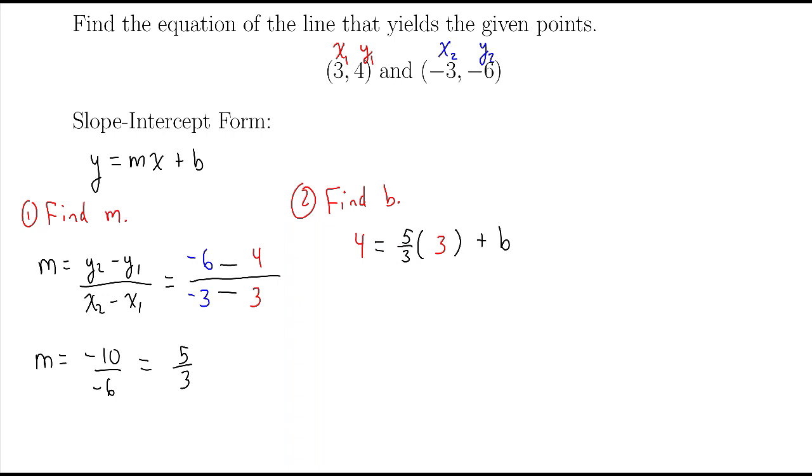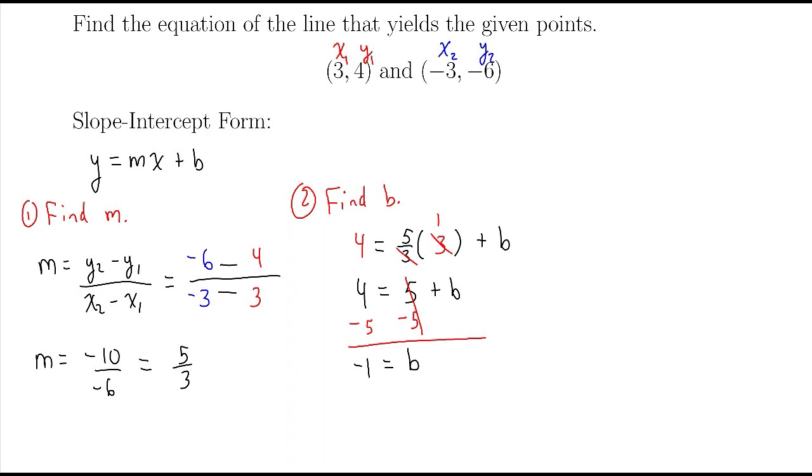So you can either say 5 divided by 3, then times 3, or 3 divided by 3, and that answer times 5. In this case, 3 divided by 3 is 1, and 5 times 1 is 5. So we end up with 4 equals 5 plus b. Subtract 5 from both sides. 4 minus 5 is -1, so b is -1.